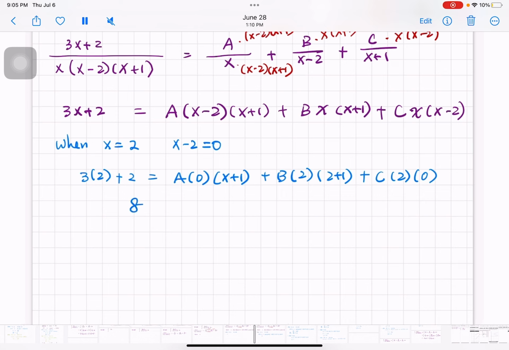So I end up with 8 equals 6B. So B is equal to 8 over 6, or 4 over 3.